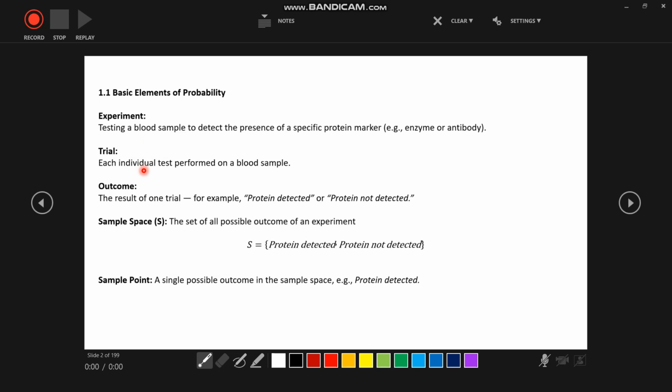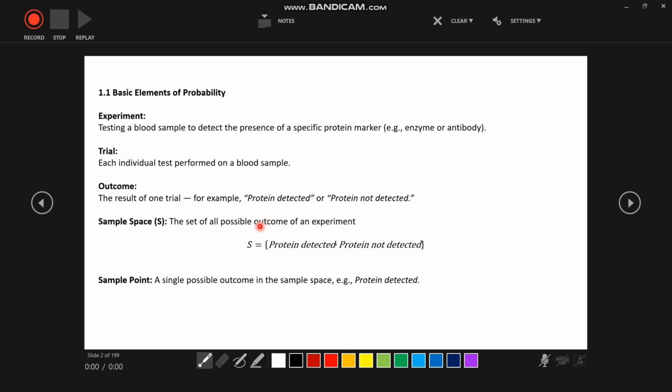For example, if we test 10 blood samples one after another, then each test is a trial. The first test is a trial, the second test is a trial as well. So each individual test is what we call a trial.